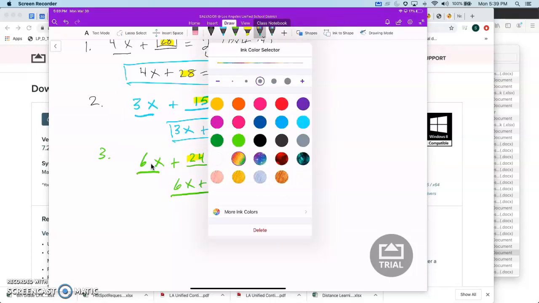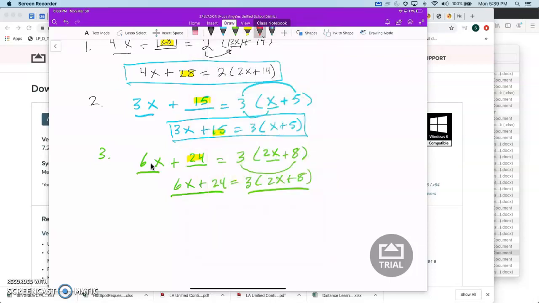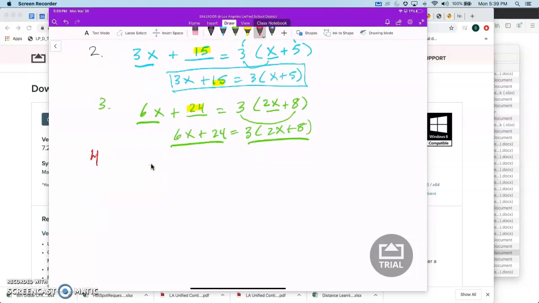So let me do a different color here. What's my favorite color? Red. Okay? We haven't seen red. So we're going to do number 4. Same idea, same concept.